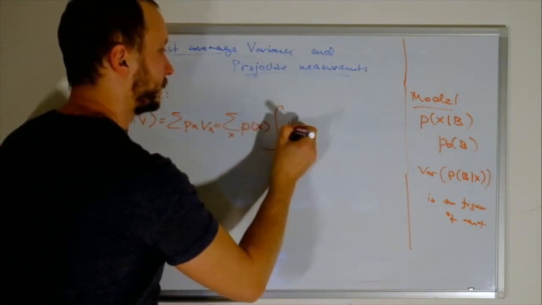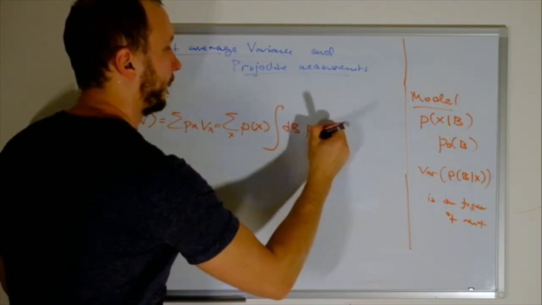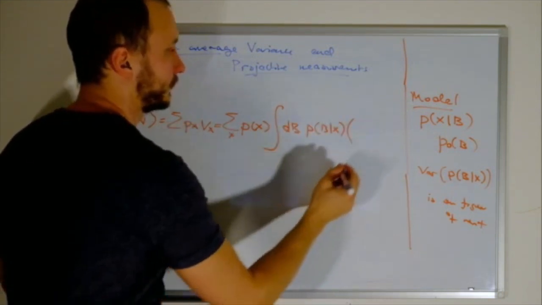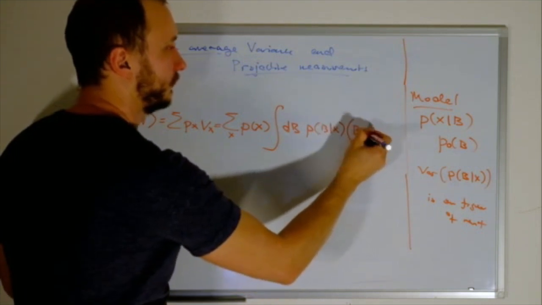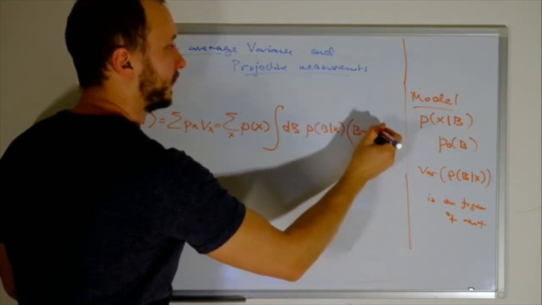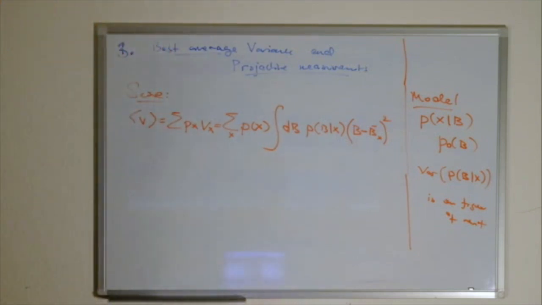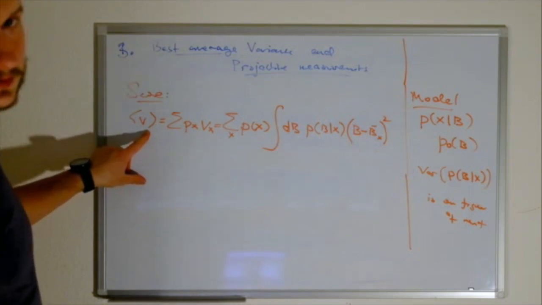And this variance is really just the integral of P of B conditional on x times the true value of the field minus our best estimator, squared. Nice. This is what we want to minimize. This is our question.